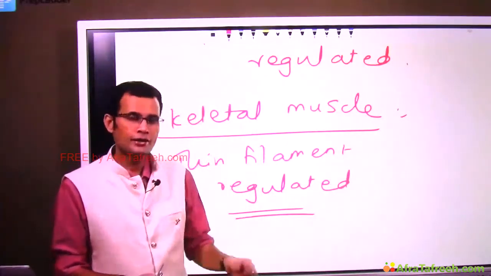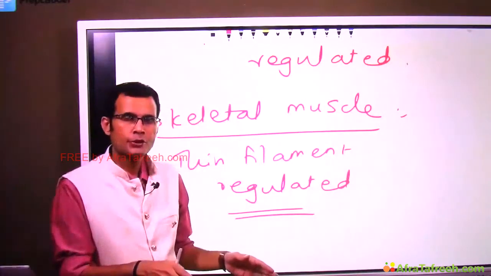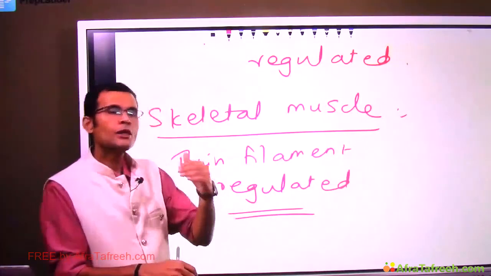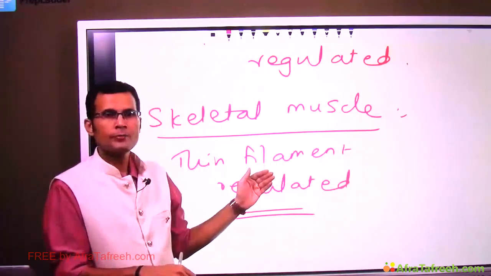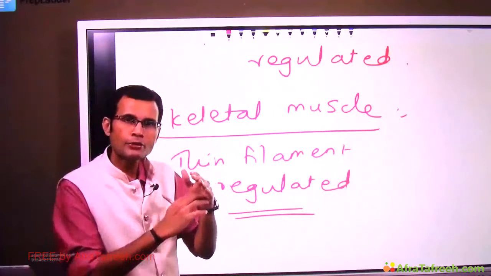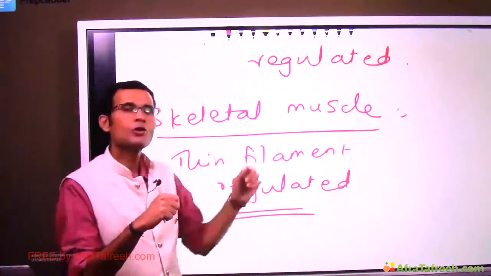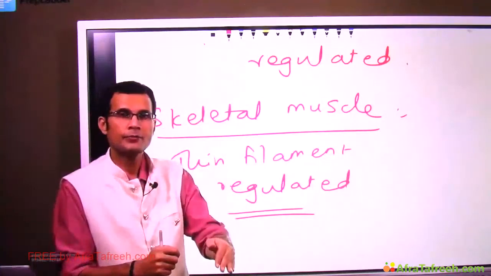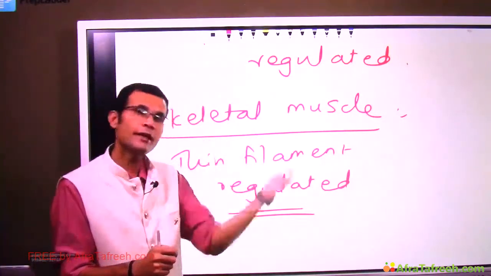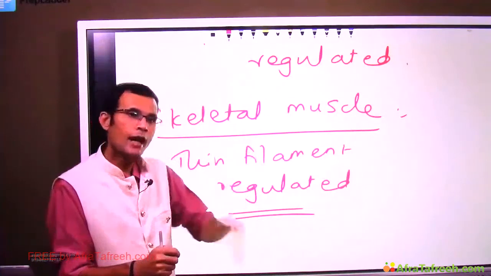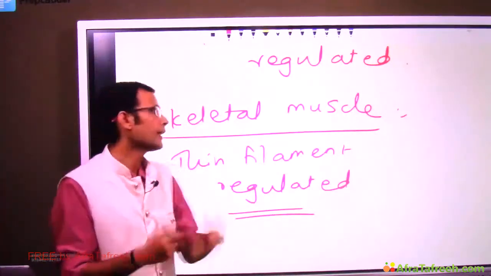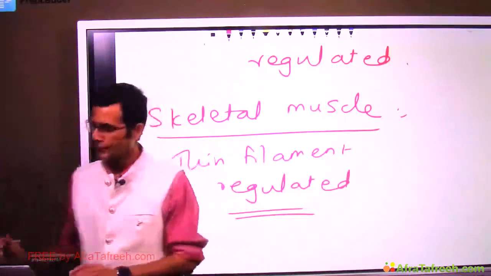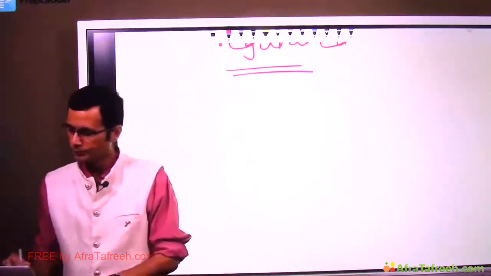Those active sites are kept covered during the resting state of the muscle, and only when they are uncovered can they come in contact with the myosin heads and the contraction can be started. So it is the thin filament and the uncovering of active sites over thin filaments that is going to initiate the contraction. Therefore, skeletal muscle contraction is thin filament regulated contraction.